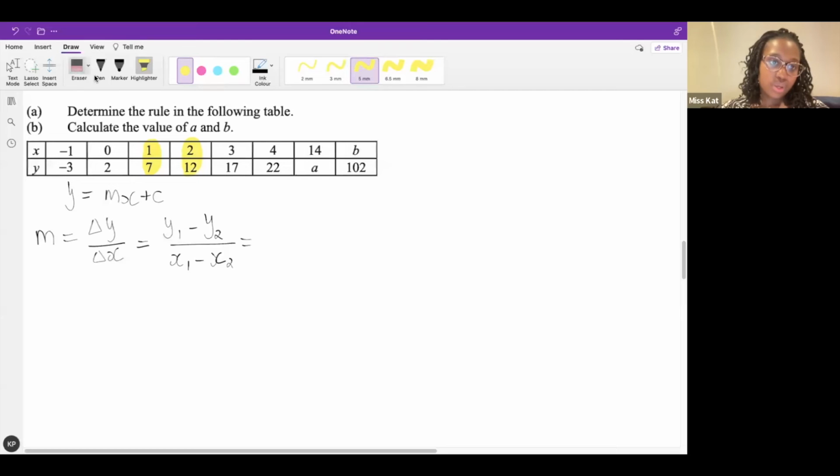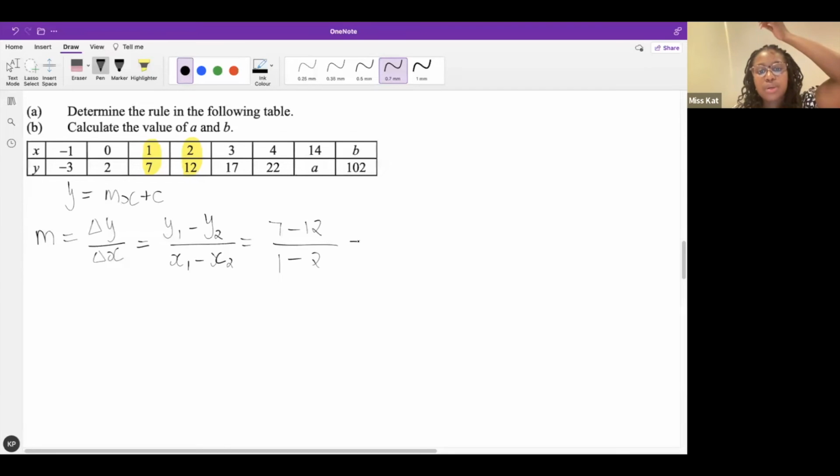So the y's will be 7 and 12. Y1 is 7, so 7 minus 12, and then at the bottom, 1 minus 2.